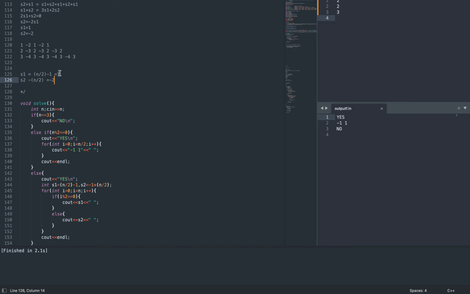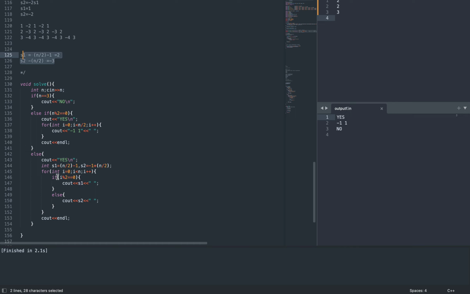Simply if n is equal to 7 then 7 by 2 is 3, 3 minus 1 is equal to 2 and here minus 3. So this is the generalized formula. Here we assign s1 as n by 2 minus 1 and s2 as negative of n by 2. Then we simply print.